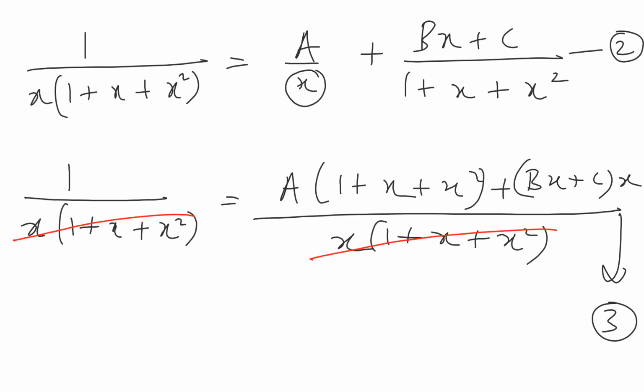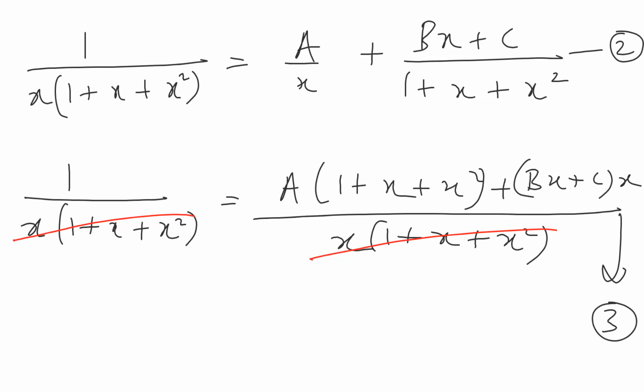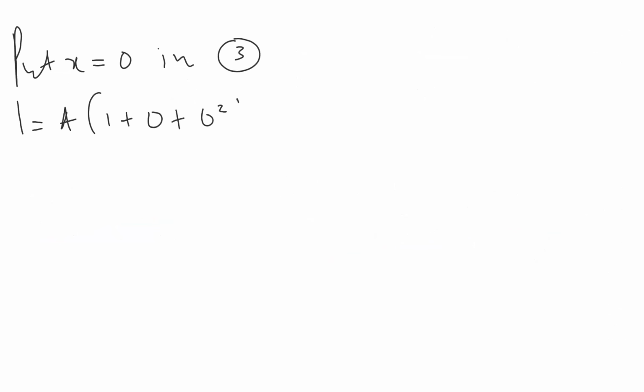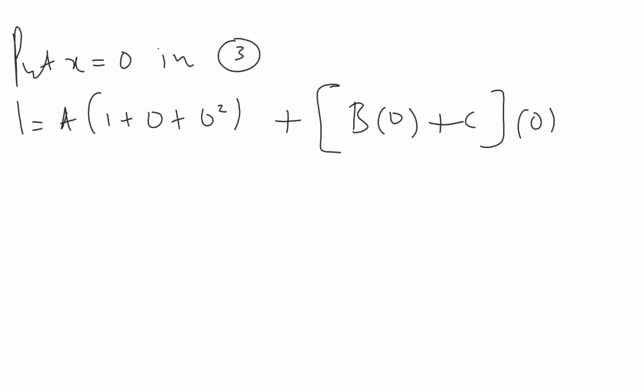Let us go to equation number 2. Let us equate this x to 0. So the value of x is naturally 0. Put x equal to 0 in equation number 3. So 1 is equal to A into 1 plus 0 square plus B into 0 plus C into x. x is 0, so this entire term became 0.